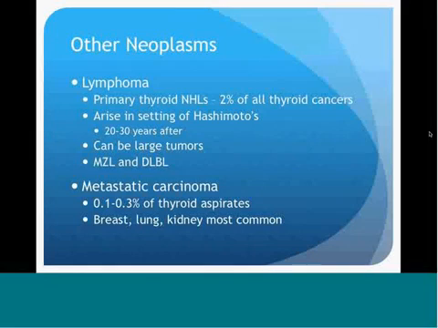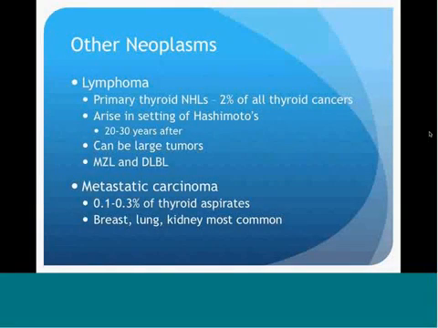Other neoplasms that you can see in the thyroid, most predominantly, are lymphomas and metastatic carcinomas. Lymphomas will arise in the setting of Hashimoto's. They can sometimes be 20 or 30 years after the initial presentation of Hashimoto's. Usually these lymphomas are marginal zone lymphomas or diffuse large B-cell lymphomas.